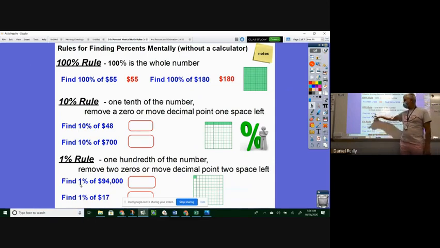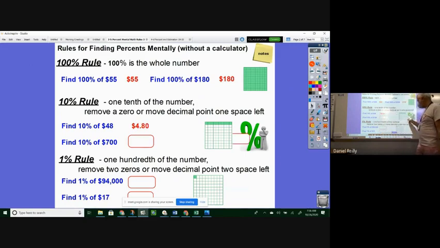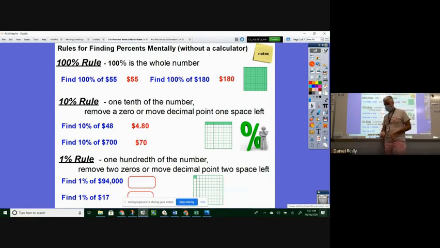So 10% of 48 is 4.8, so 10% of $48 would be $4.80. 10% of $700, Miles? $70. The 10% rule is really the most useful one, because once you find 10%, you can then multiply it, which we'll talk about later.